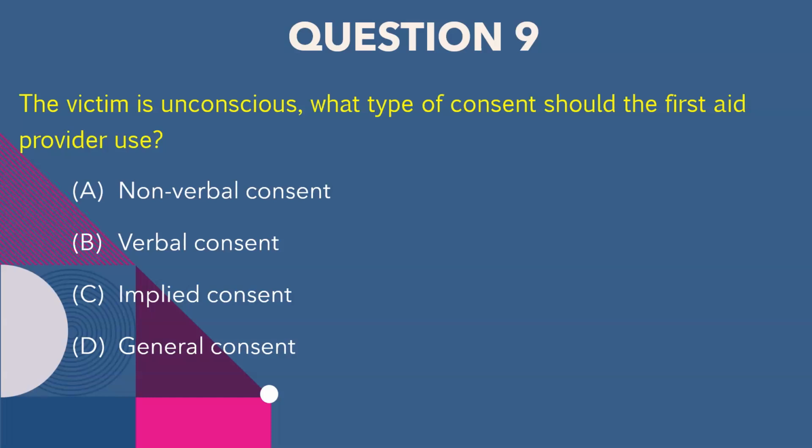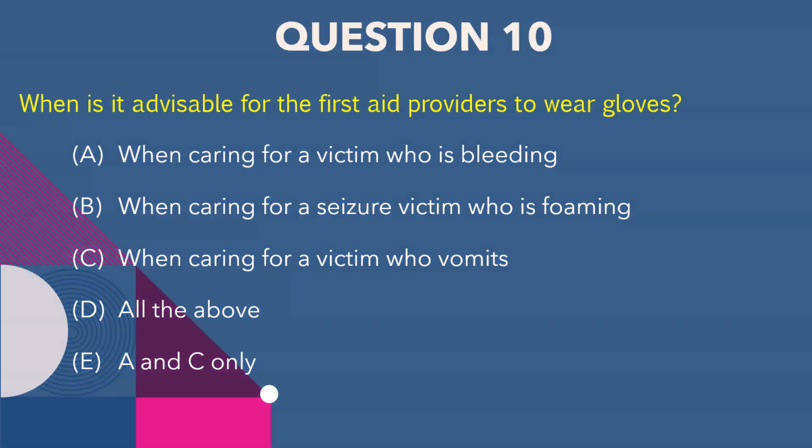Question 10. When is it advisable for the first aid providers to wear gloves? A. When caring for a victim who is bleeding. B. When caring for a seizure victim who is foaming.